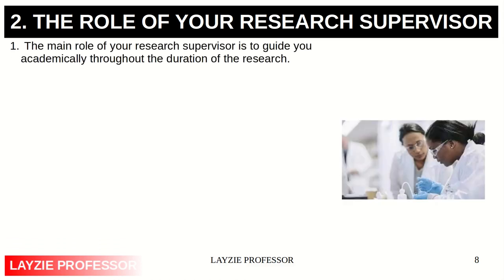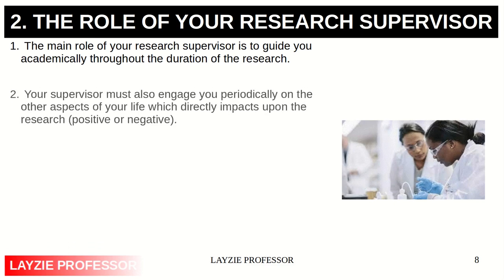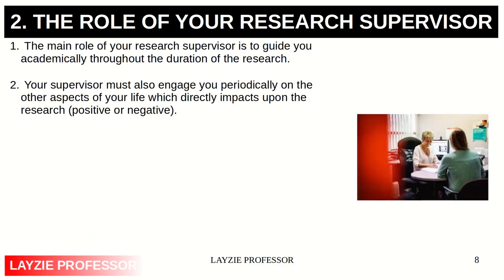The main role of your research supervisor during your research is to guide you academically, throughout the duration of your research. The guidance is meant to advise you, to point you in the right direction so you can actually make progress with your research. And your supervisor must also engage you periodically on other aspects of your life, which also directly impact upon your research. These aspects may not necessarily be academic. They may be social, they may be financial, they may be emotional, they may be psychological.